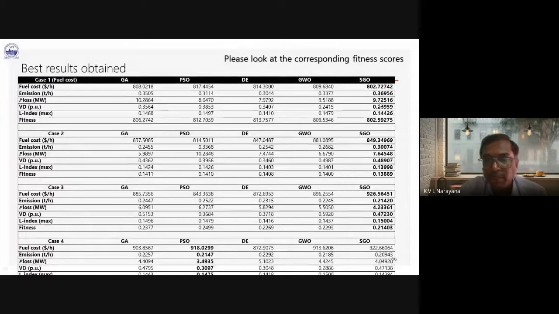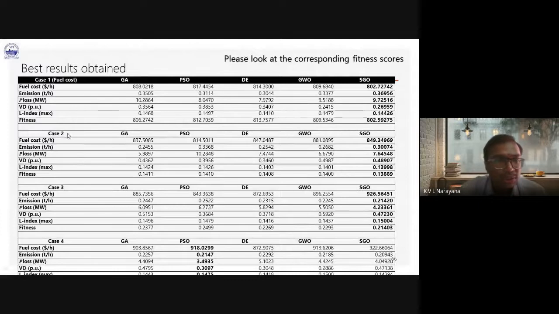Not minimum, actually, we have not minimized the emission and power loss. We have only minimized the fuel cost. So these values are just calculated for the values we obtained. So power loss is 9.7, and the voltage deviation is this much, and the L index, that is the voltage stability of the entire IEEE 30 bus network, is 0.14426, and the fitness is 802.